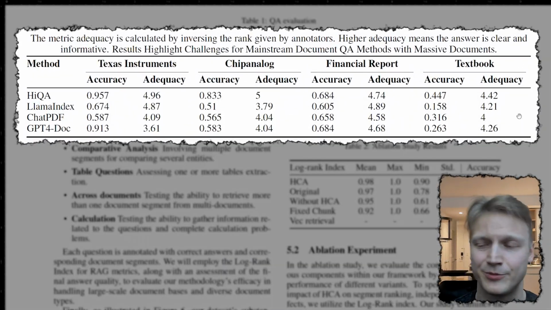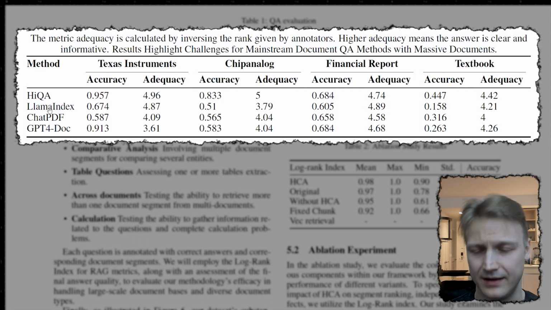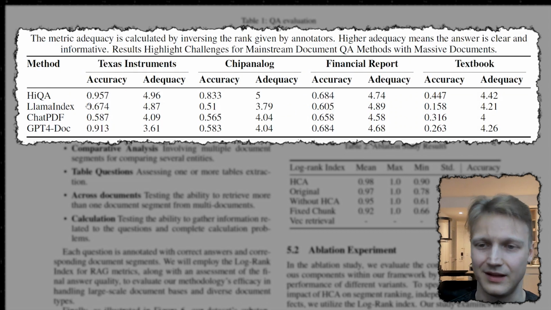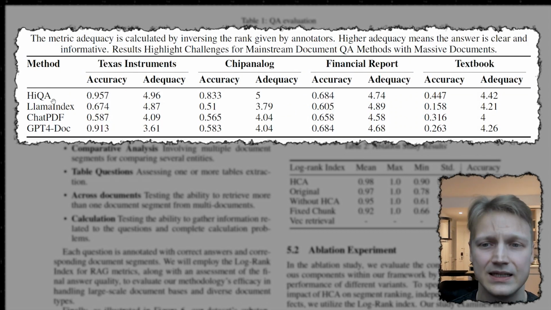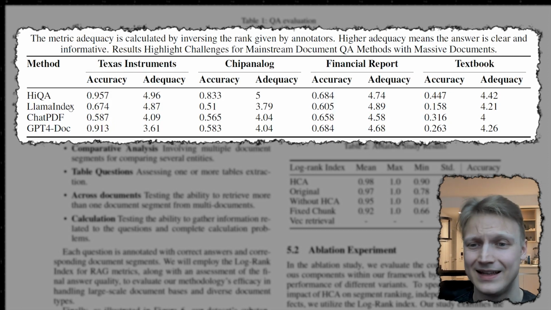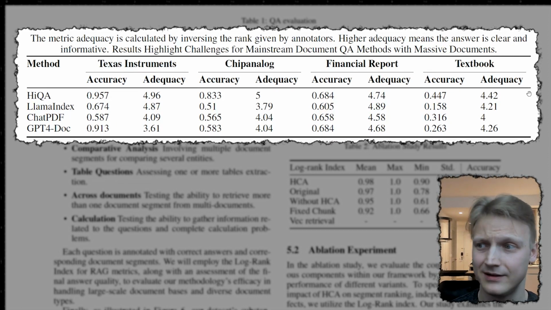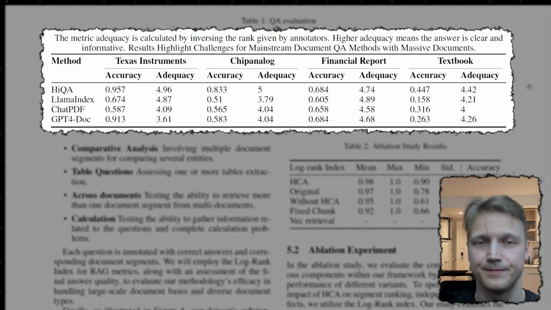This is a final benchmark table with their method being in the first line and others with relative results. As you can see, they outperform alternative methods such as LlamaIndex, ChatPDF, Chat4Doc by a big margin, in fact, on various data sets.